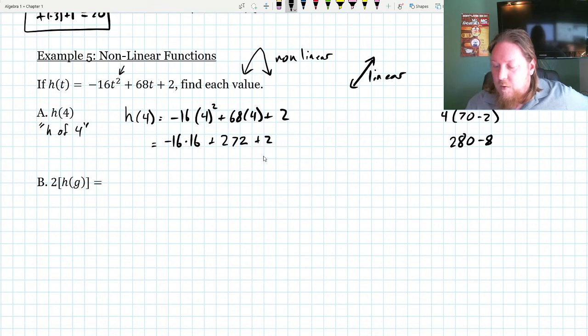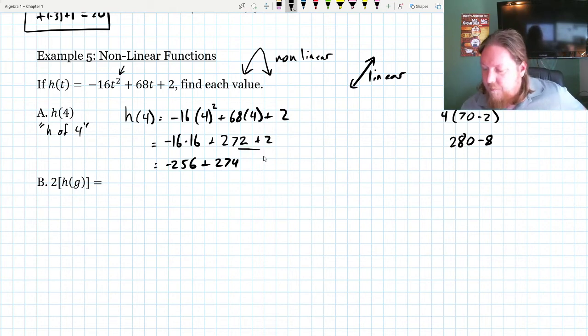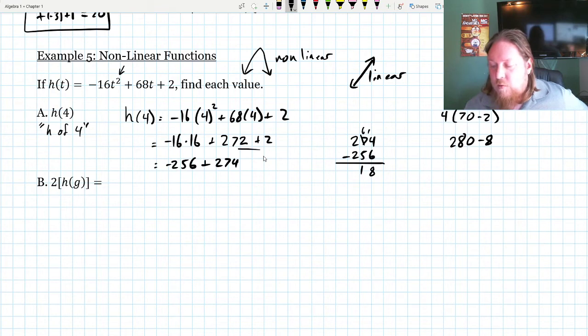So that's 272 plus 2 more. 16 times 16. I'm lucky because I'm a math teacher. I know what that is. That's 256. And one of them is negative, so it's negative 256 plus 274. I just combine those two parts together there. So it's really 274 minus 256, which, let's borrow one there. 14 minus 6 is 8. 6 minus 5 is 1. 2 minus 2 is 0.